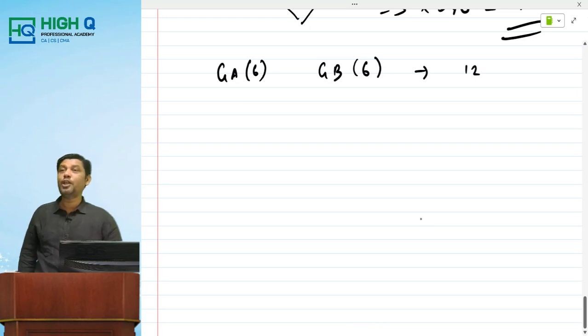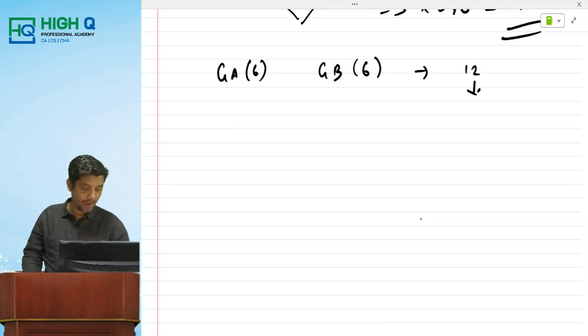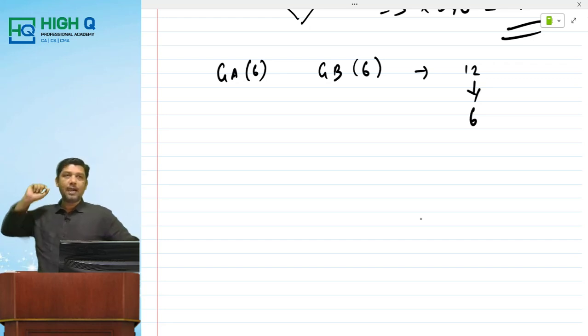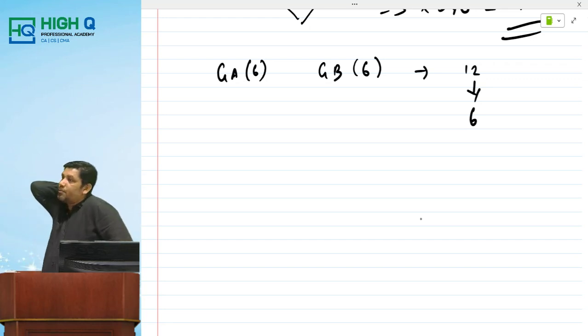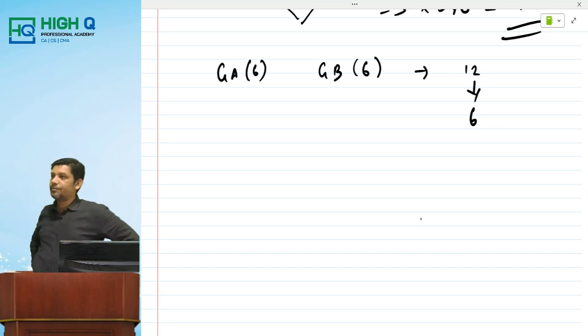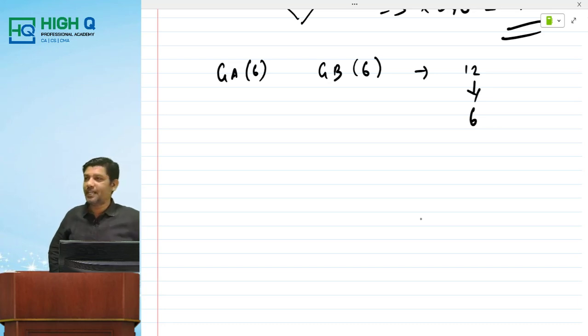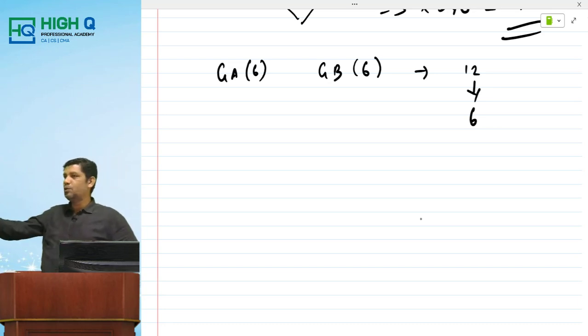Out of 12, 6 only to be attempted. For example, if I know all 6 questions from group A, can I attend? No. If I know all questions from group B, can I attend? No. What is the condition here?